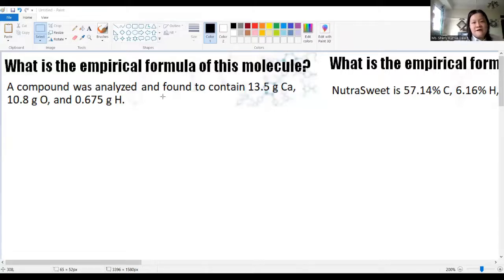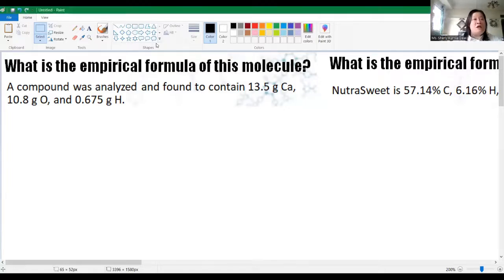It has 13.5 gram of calcium, 10.8 gram of oxygen, and 0.675 gram of hydrogen. So the first thing that we can do is to list down the things that we know.